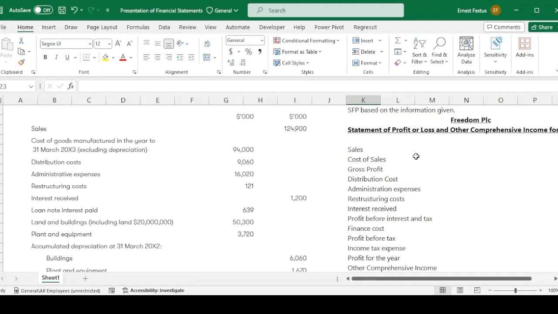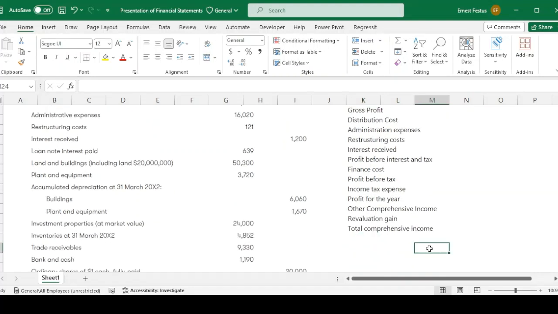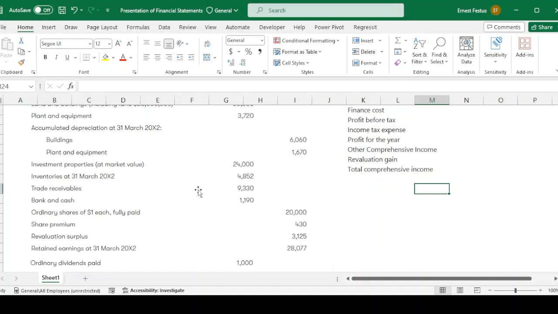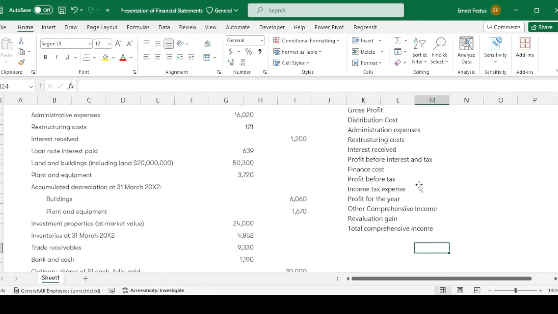You are going to continue and do the same for the statement of financial position. So this is a way of doing it so that it becomes very easy for you. You just read through your trial balance, and then you pick the items that are likely to feature within your financial statements. Now this is Excel, and so if I make a mistake or skip an item, I can just correct it by inserting a space.